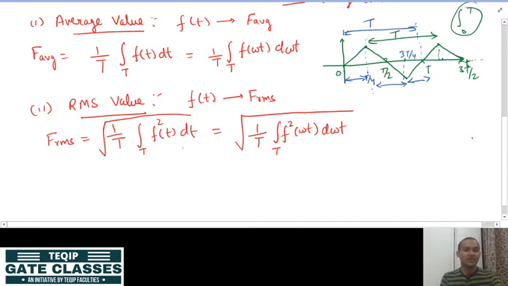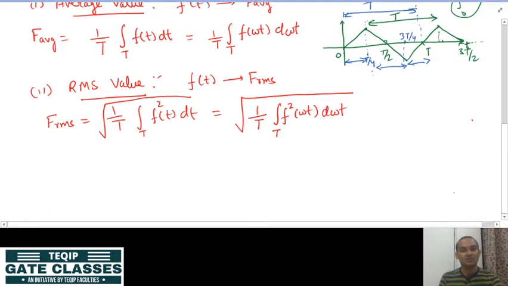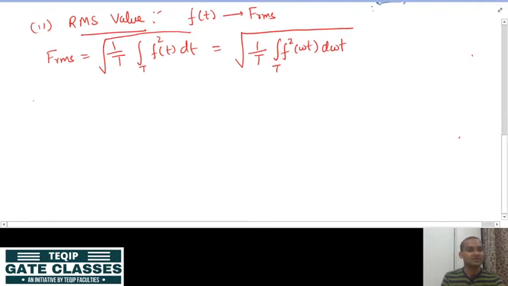Then the next very important prerequisite is Fourier series expansion. It is also required for the analysis of the wave.